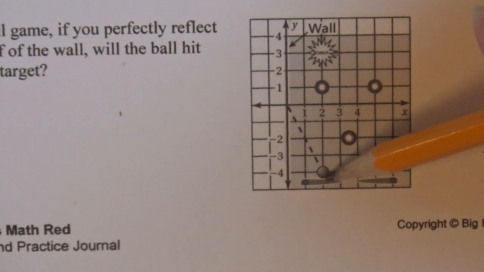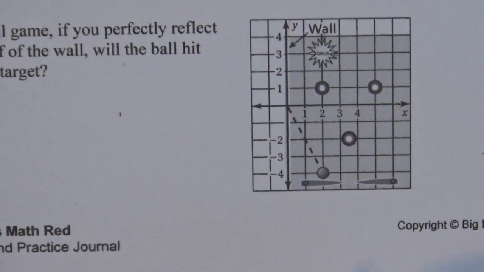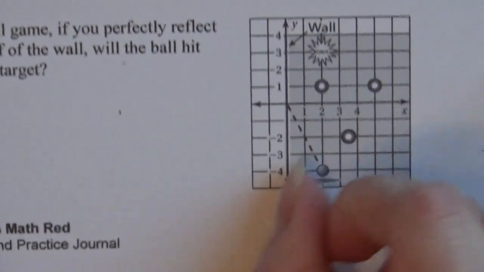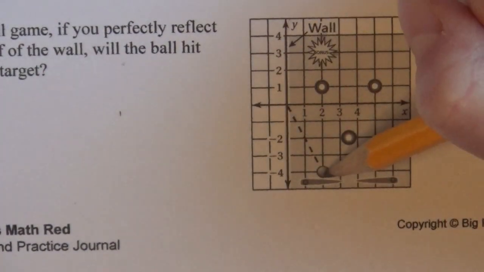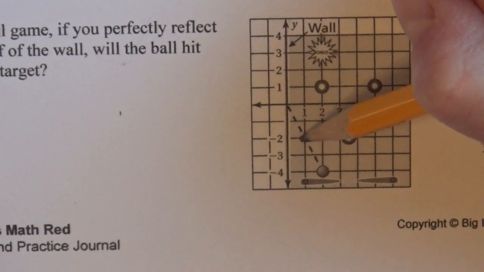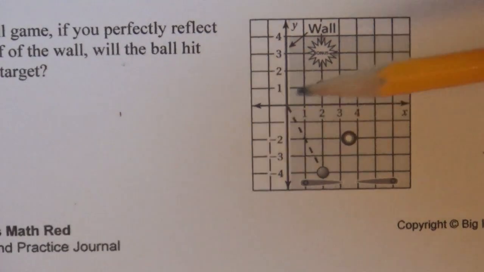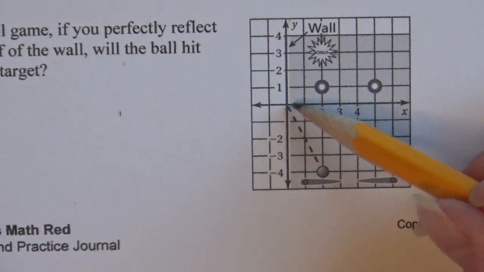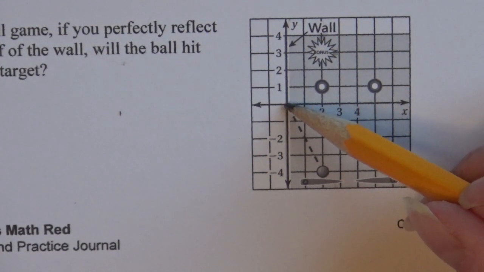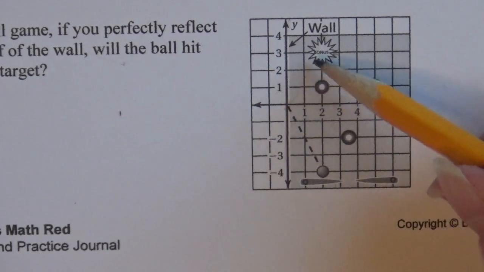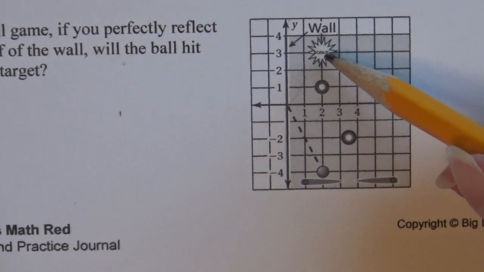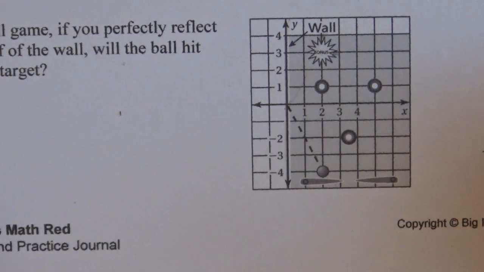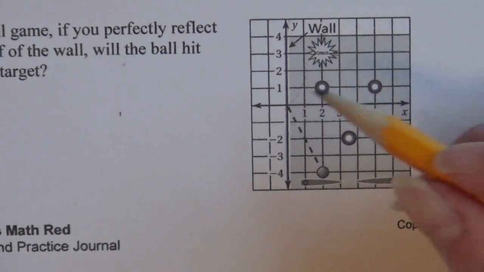They're showing us that if I flick this thing and make it go back up, the ball is going to follow this dotted line. They want to know what happens if it continues to follow the mirror image, so it's bouncing off the wall and it comes over this way. Is it going to hit that target or not?